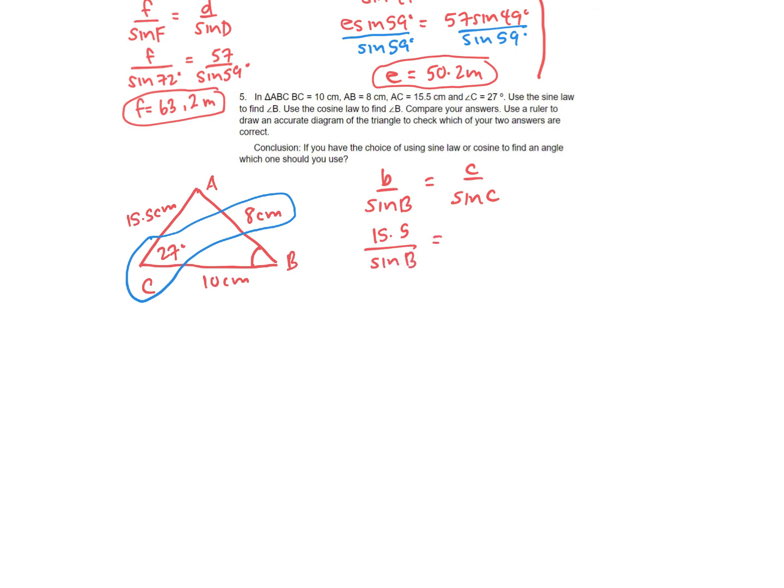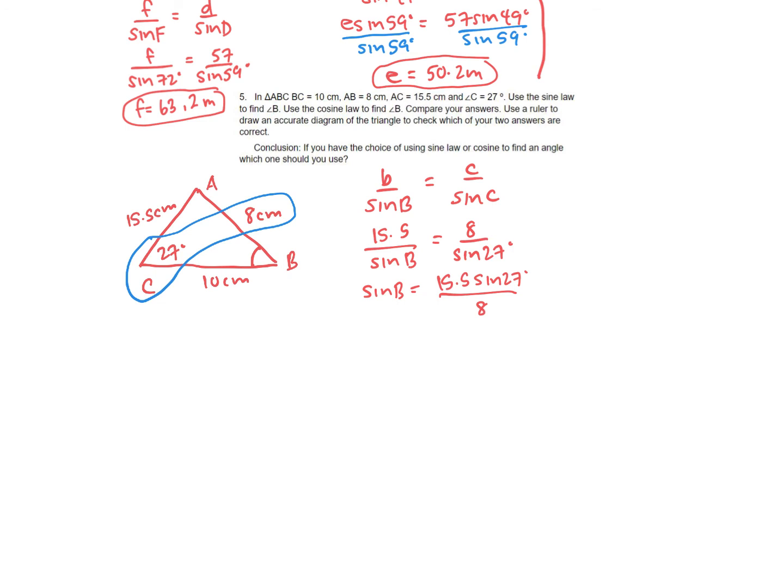Angle B we don't know. c is 8 and angle C is 27. So we'll do sine B, cross multiply, would be 15.5 times sine 27, and then it will be divided by 8.